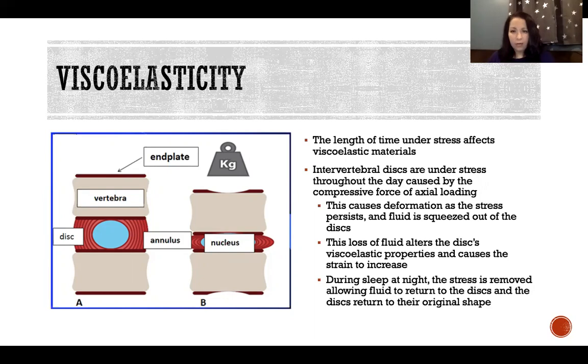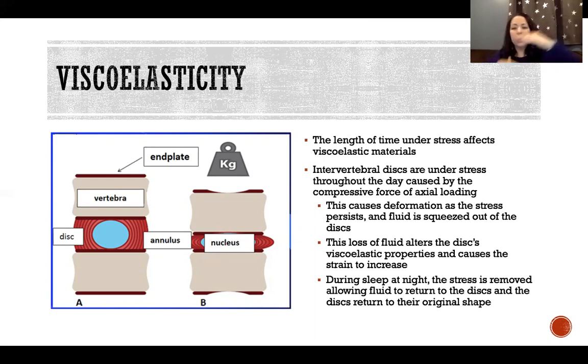So that gravity, or the weight of the body against gravity, is causing compression stresses at every level of the vertebrae, every level of the spine. Okay, so that axial loading is causing deformation as the stress persists. As we're still upright against gravity, that compressive stress is persisting, and that's causing strain in the discs, or deformation in the discs.